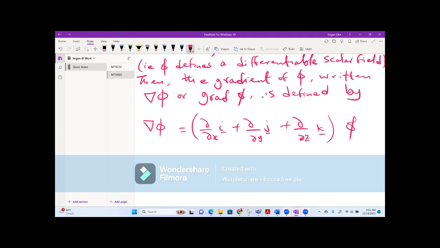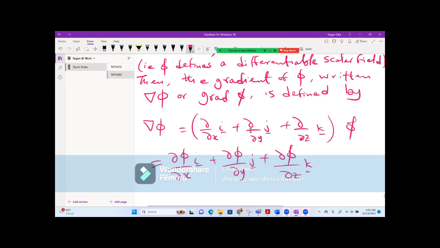So if I want to bring the phi in, now it's going to be dphi/dx i plus dphi/dy j plus dphi/dz k. So are we getting it now?